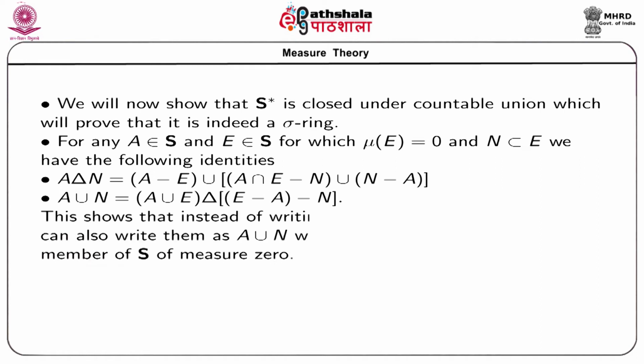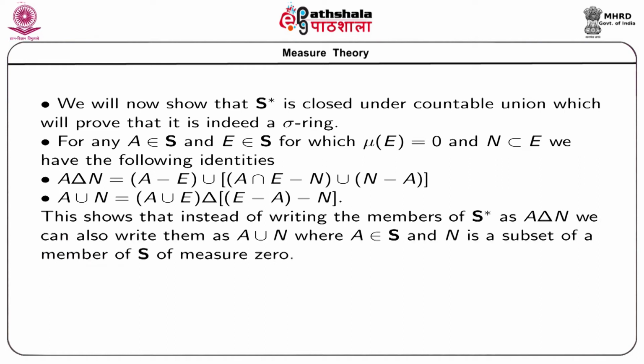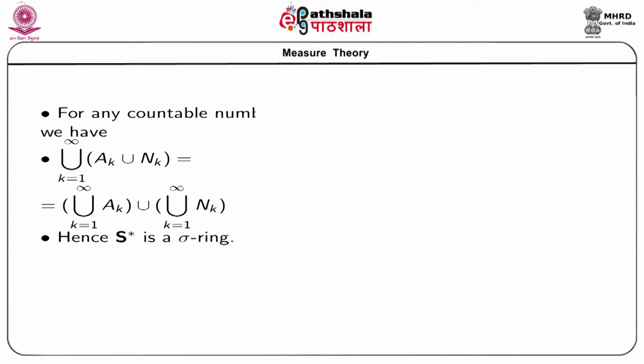So, this shows that instead of writing the members of S star as A delta n, we can also write them as A union n, where A belongs to S and n is a subset of a member of S of measure 0.